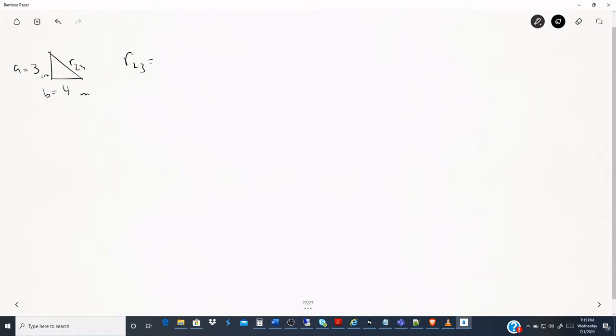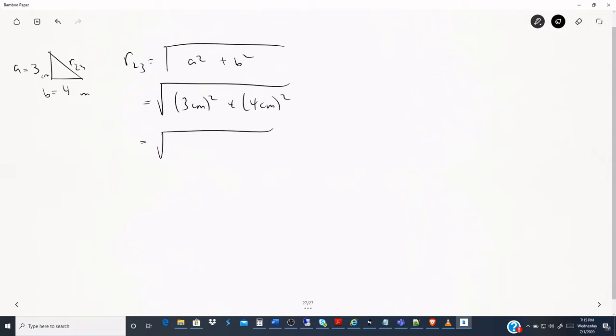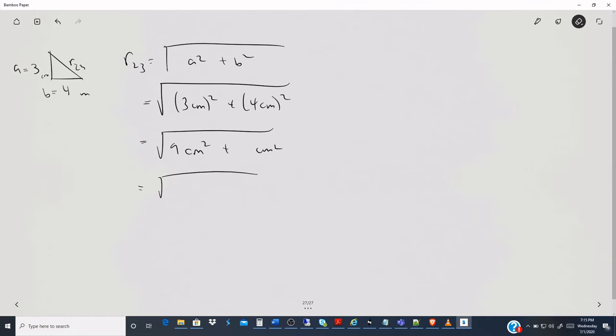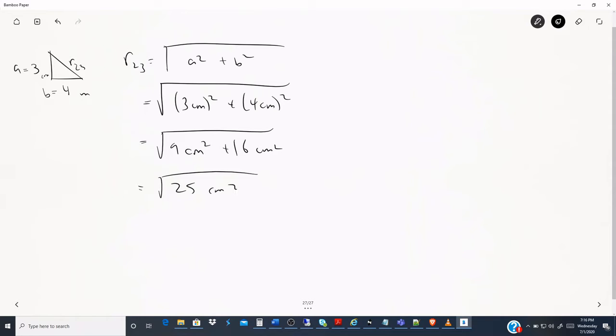R23 is the square root of A squared plus B squared, which is the square root of 3 centimeters squared plus 4 centimeters squared, which is the square root of 9 centimeters squared plus 16 centimeters squared. 9 plus 16 is 25 centimeters squared.